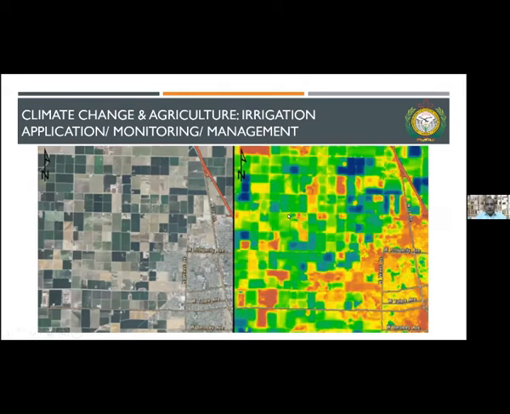Here we are monitoring how much water is being supplied. If they are not being supplied enough water, we can see they are light green with patches of yellowish color. These areas will be a problem.